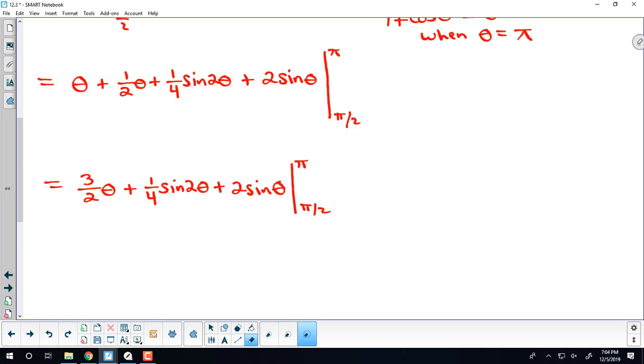Just write it out, I guess. Pi, sine pi, so those are 0, minus 3 pi over 4. Zero and 2. Minus all this, so that's plus 2.